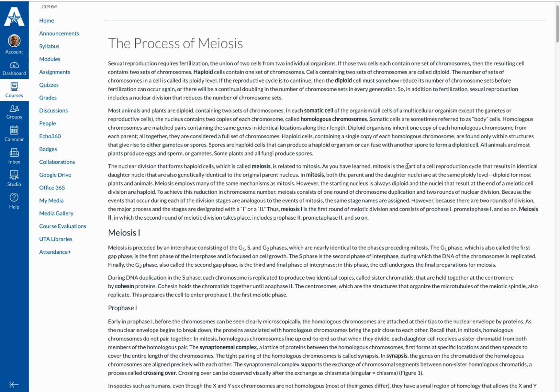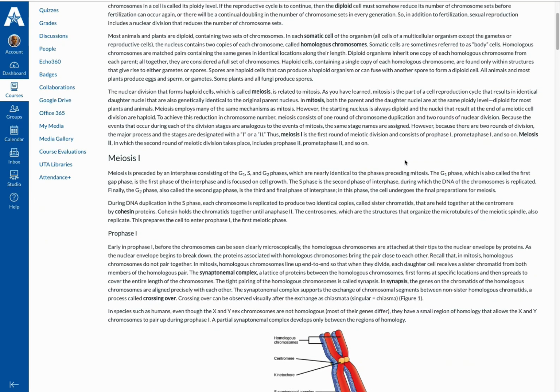Then the homologous chromosomes separate into two cells, and then we have two haploid cells. Those separate again, and you'll get your four gametes. So let's go through that process in a little bit more detail. There are two rounds of meiosis, meiosis 1 and meiosis 2.